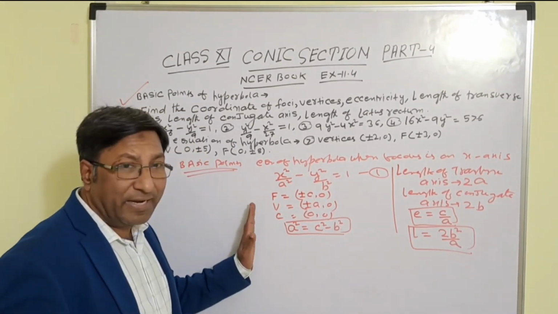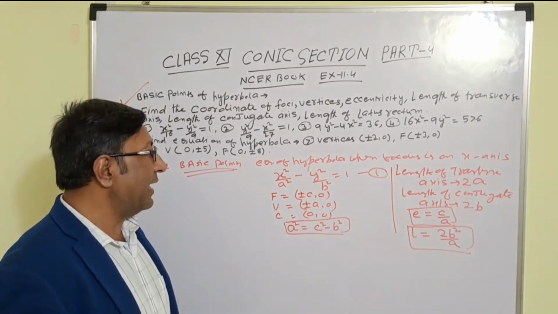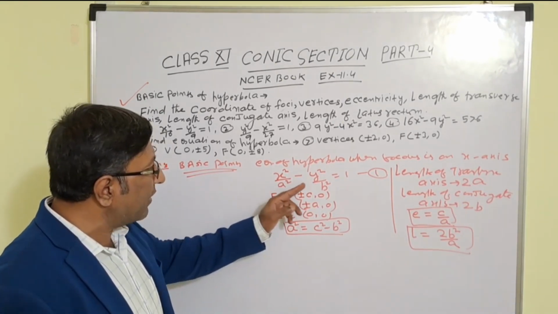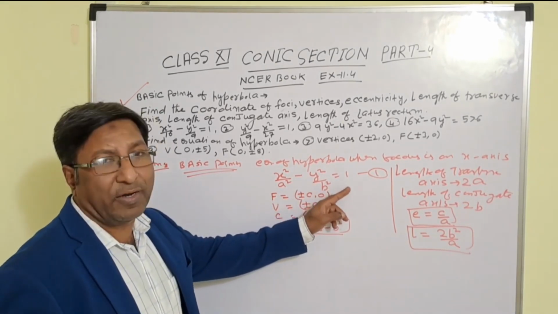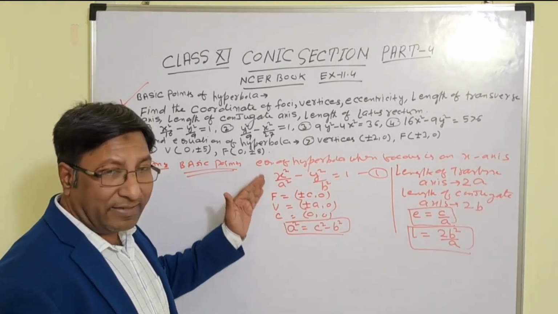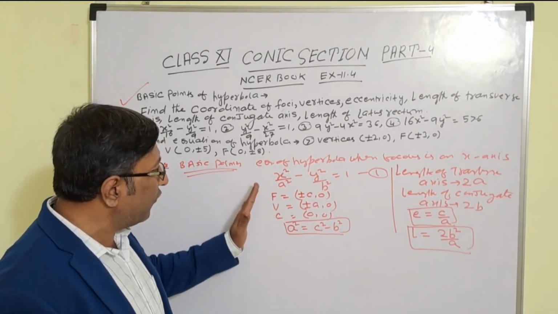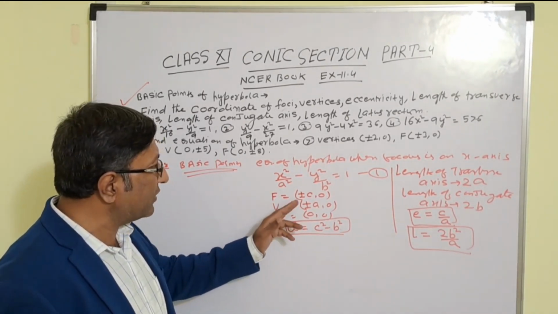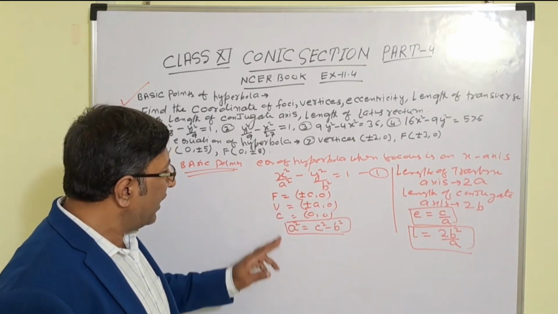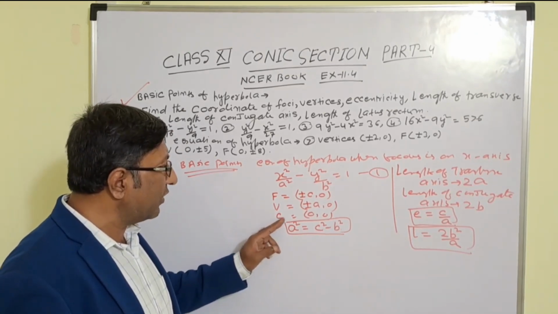So this is the main point of hyperbola when focus is on x-axis. The equation will be x square by a square minus y square by b square equal to 1. Here x is positive, so it is along x-axis, that is the foci of hyperbola are on x-axis. So foci coordinates will be plus minus c, 0 and vertices plus minus a, 0. And center coordinate is 0, 0.